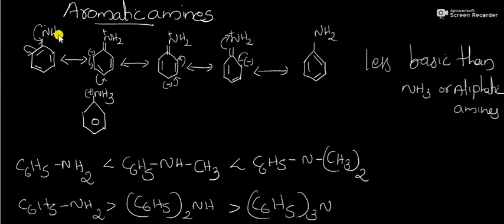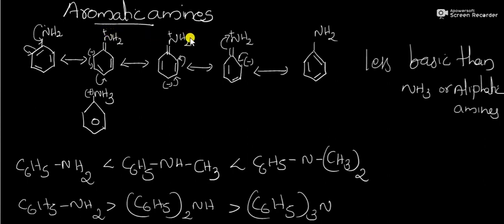Then what will be the resonance structures of aniline? Here the lone pair of electrons will donate to this bond and this bond will shift to this carbon. We get this structure, and this negative charge will shift to this bond and this bond will shift to this carbon. Here the lone pair of electrons donates to the ring, so nitrogen gets positively charged.